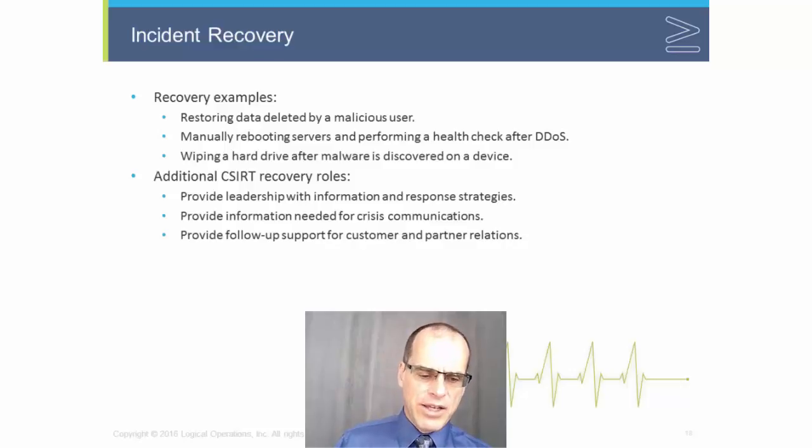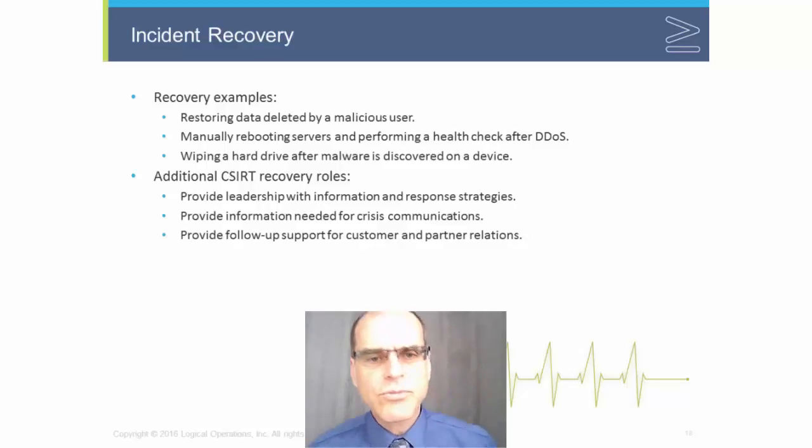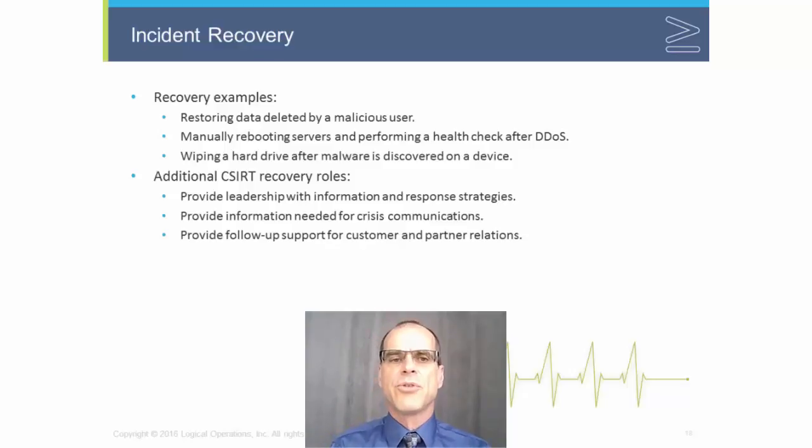Now, we also need to understand what roles are going to be involved in these recovery efforts. Within the CSIRT, we're going to have different individuals tasked with different functions or roles, and so we may end up with the recovery role needing to communicate through to leadership with regard to what's going on in order to get proper approvals related to our recovery efforts so that they can make appropriate decisions.